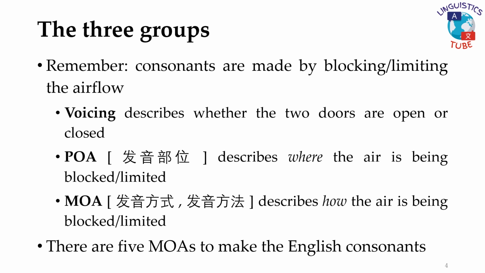The place of articulation describes where the air is being blocked or limited in the mouth. The third way to group consonants, the manner of articulation, describes how the air is being blocked or limited. There are 5 manners of articulation to make the English consonants.